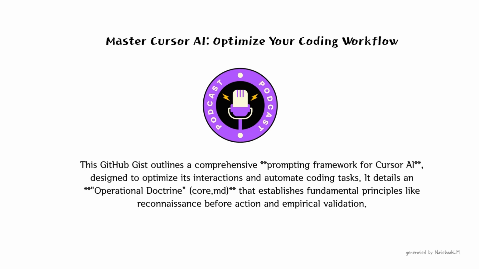So with the doctrine in place, what's the very first thing the AI does? You mentioned reconnaissance. Exactly. The first key principle is reconnaissance and cognitive cartography. It's section 0 in that core.md file. Cognitive cartography. Sounds fancy. It kind of is, but it's super practical. It's a mandatory first step, non-destructive, so it doesn't change anything yet. And it happens before any planning or code changes.